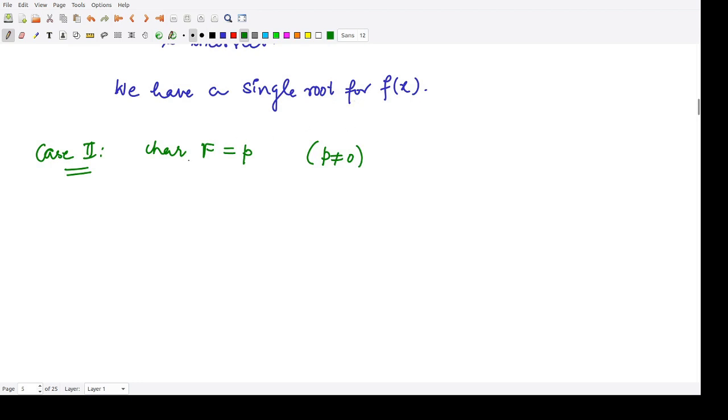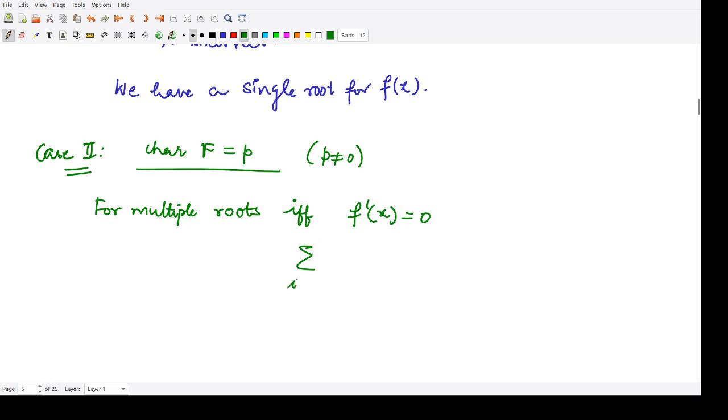So now in this case, if we want to have multiple roots, what is the criteria? According to the result, multiple roots of this polynomial are present if and only if its derivative is equal to 0. So what was the derivative? The derivative was the sum, i varies from 1 to n, of i a_i x raised to power i minus 1. So this derivative is equal to 0.